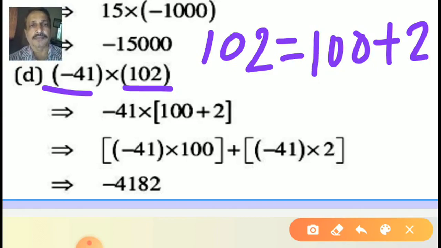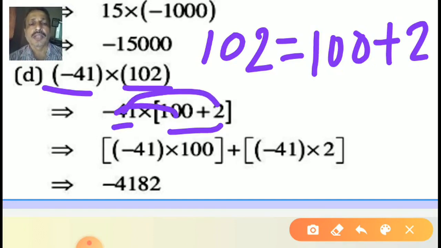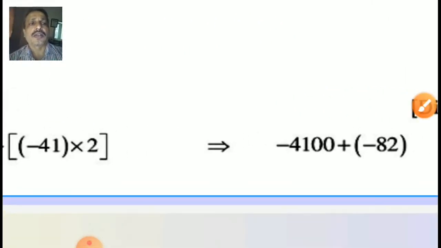We can write it. Distributive property. Here there are two numbers inside and one number multiplied outside. So this number has to multiply with 100 and then with 2 also. Very common: minus 41 multiply by 100, minus 41 multiply by 2. Let's check what the answer is.